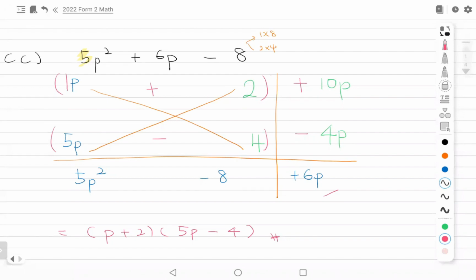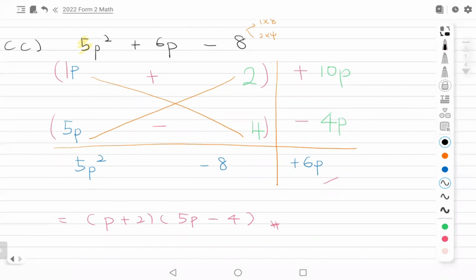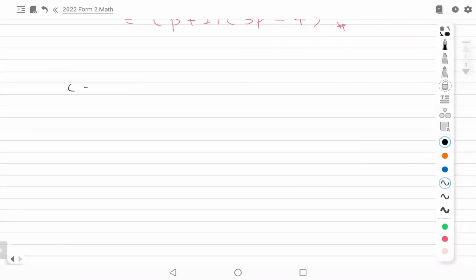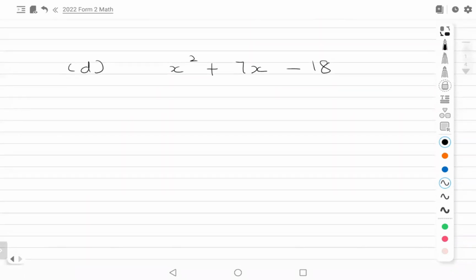Okay, so now I let you try. D, without guidance: x squared plus 7x minus 18. You can draft on your paper, draw the x partition. I just need you to send in the final answer.